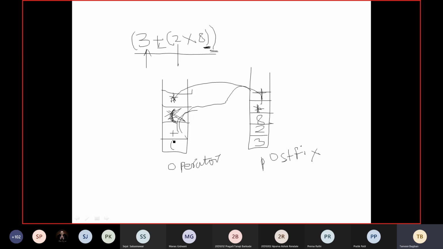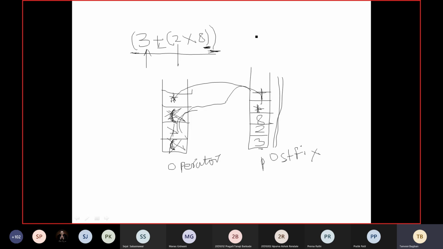And after that, this is the closing parenthesis. So this first opening parenthesis gets balanced with this closing parenthesis. So this is only removed from the stack and it is not used at all. So what you get in the postfix is the postfix expression when you read from bottom to top.